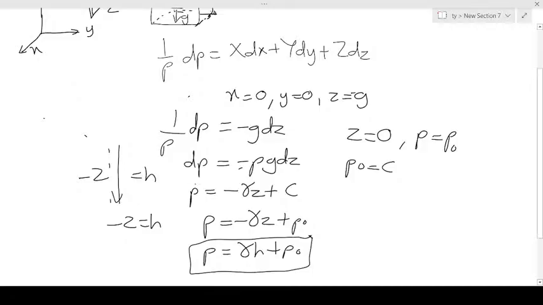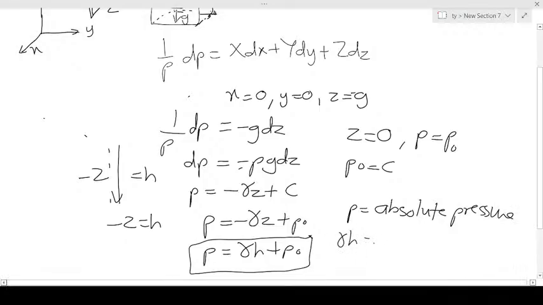this equation. So now we can say that when we define the terms, P is the absolute pressure, then we have gamma h as the body pressure, the pressure as a result of the body involved. So let's say it's a fluid, it is the pressure due to a certain height of fluid.